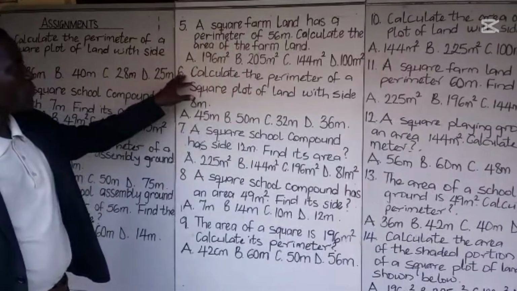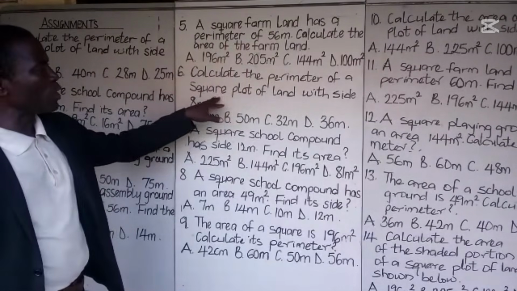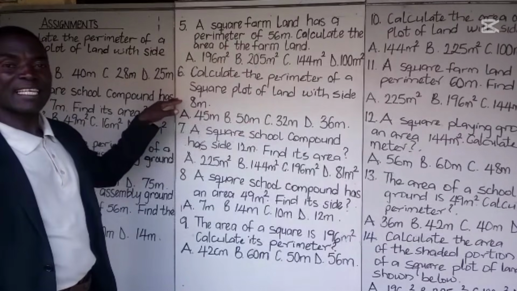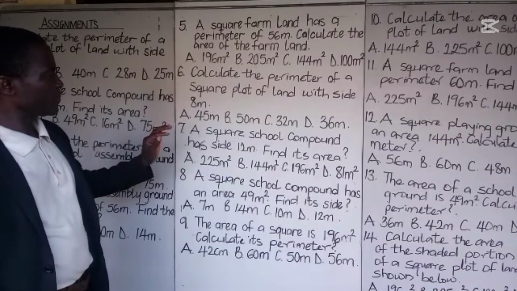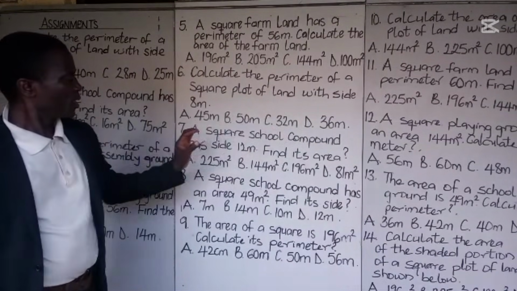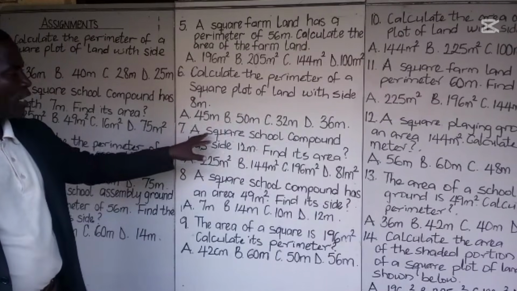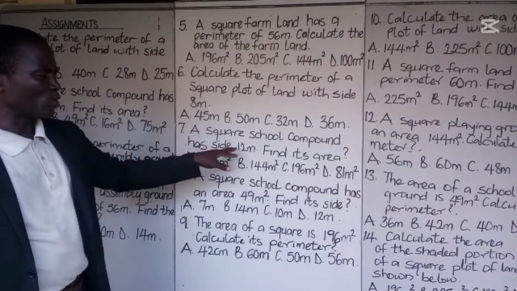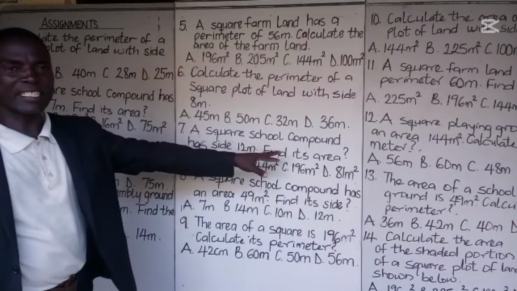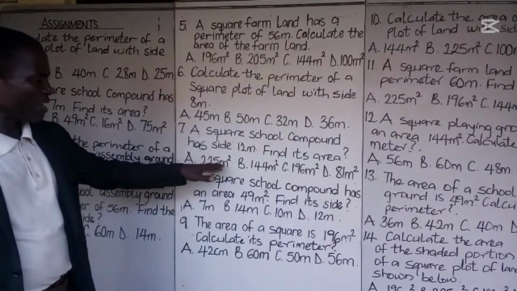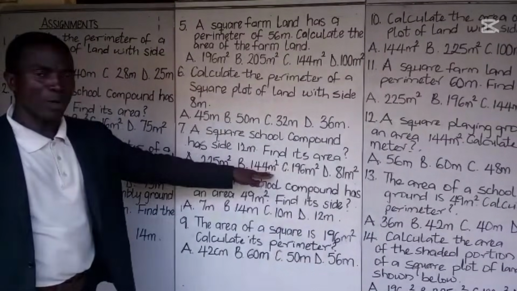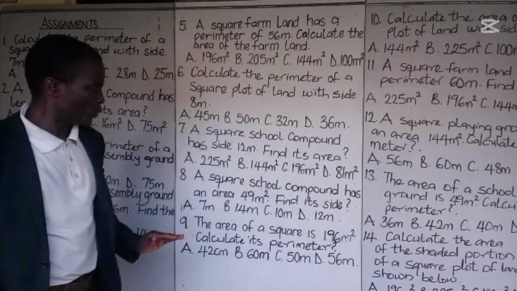Assignment 6: calculate the perimeter of a square plot of land with side 8 meters. Here are the options. Assignment 7: a square school compound has side 12 meters. Find its area. Here are the options. You have to choose the appropriate one out of the options.